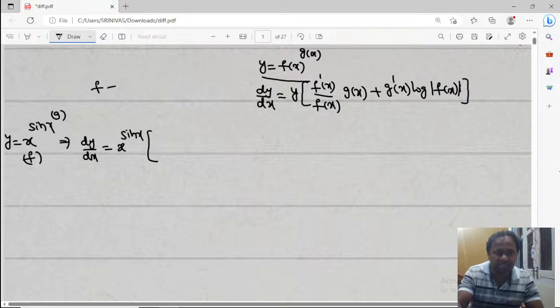So f is x, f dash is 1, g is sin x, g dash is cos x.